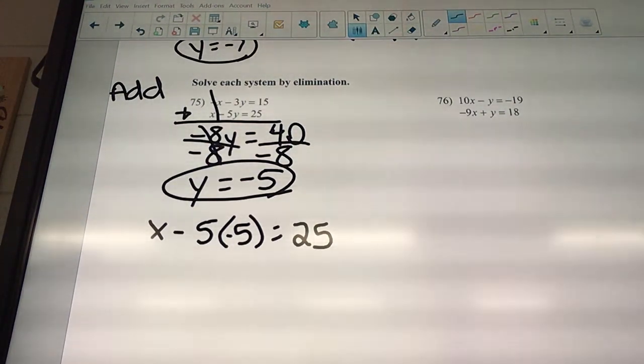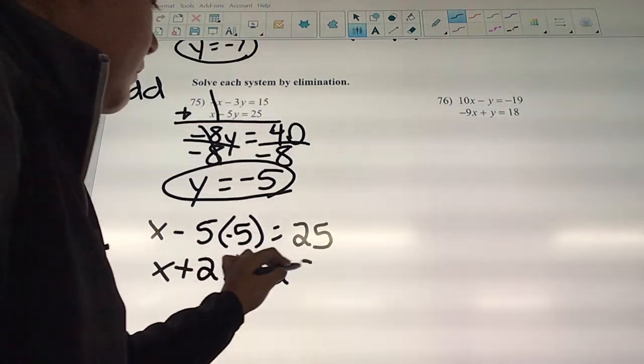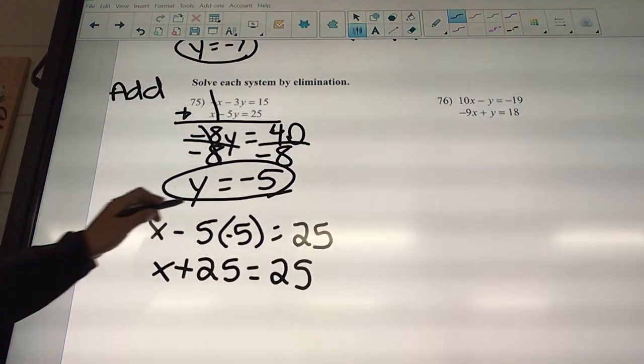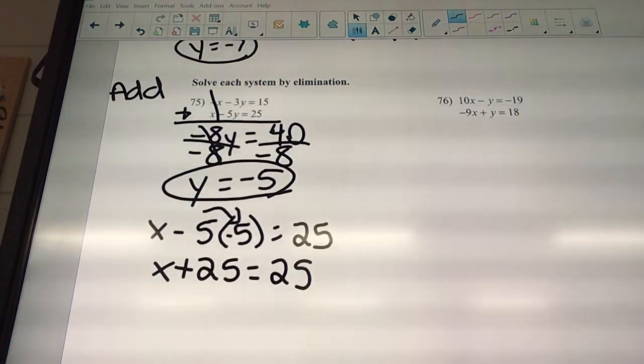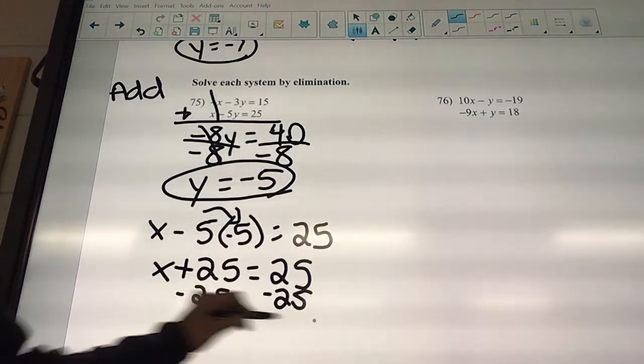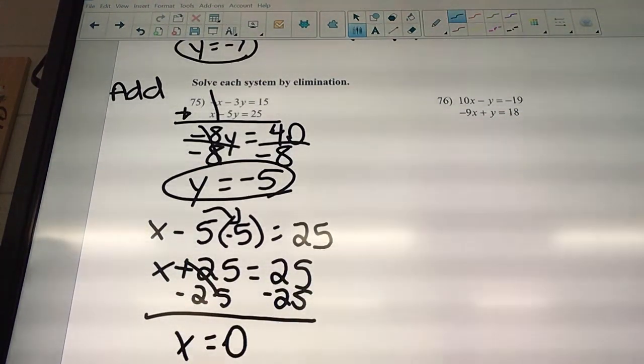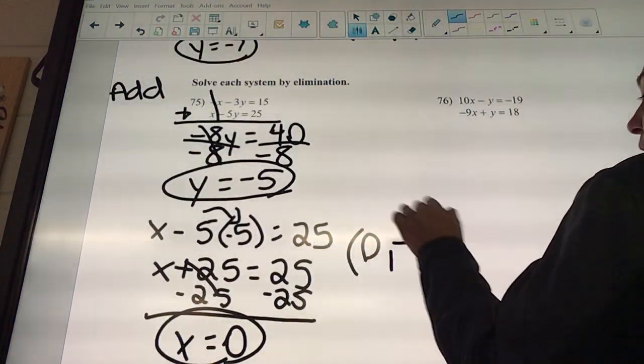That's going to give me x plus 25 equals 25, because I'm distributing right here. So I'm going to minus 25 from both sides. So I'm going to get x equals 0. And so I can write this as a coordinate of 0, comma, -5.